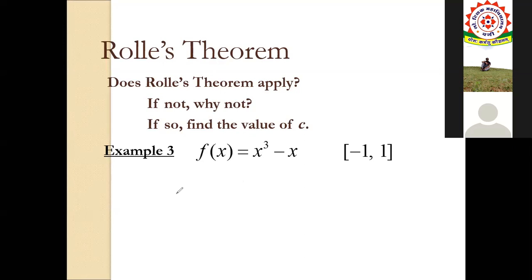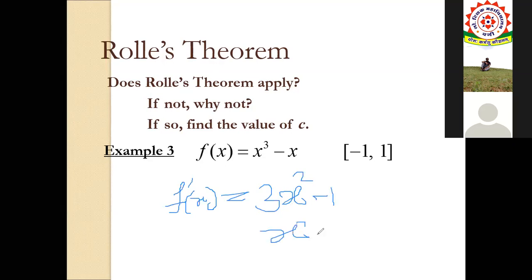because f dash of x is equal to 3 x square minus 1. So x square is equal to 1 upon 3.